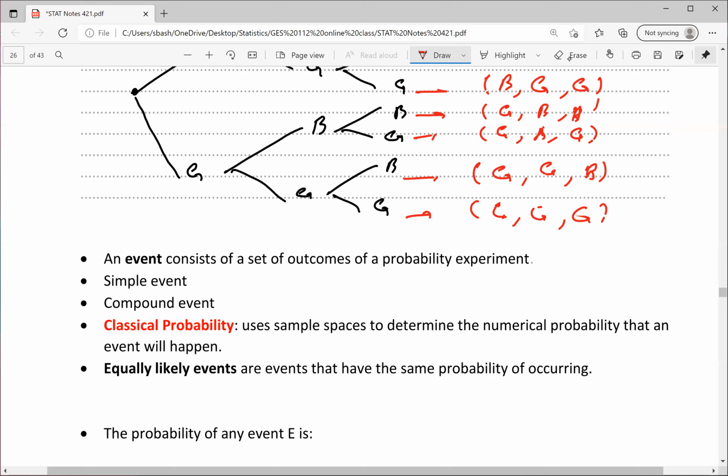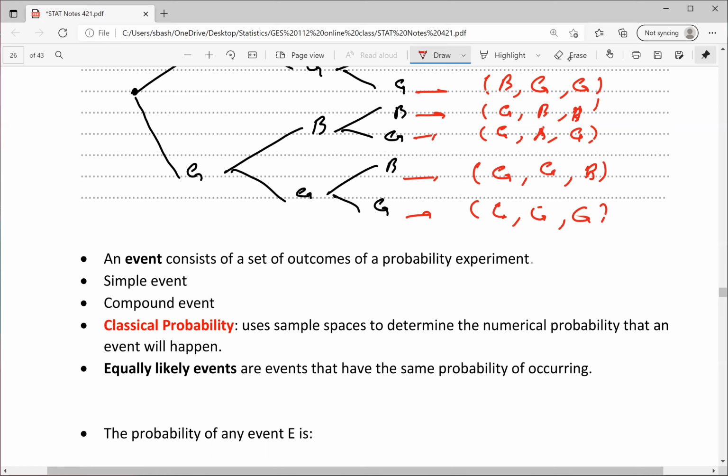Also, we have something called equally likely events, and these are events that have the same probability of happening. If we throw 2 coins, all of these outcomes are equally likely events. To have 2 heads, or 2 tails, or 1 head and 1 tail, all of these have the same chance to happen. We call this an equally likely event.